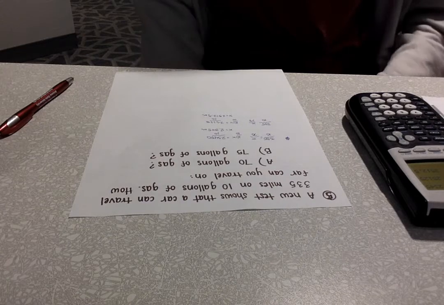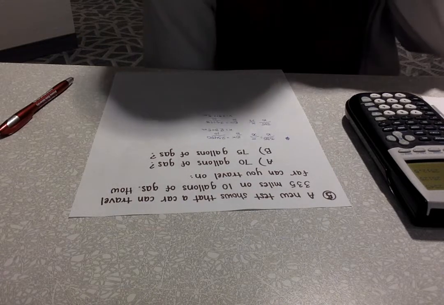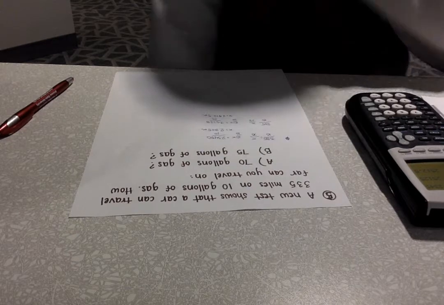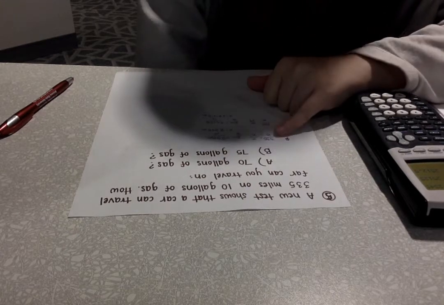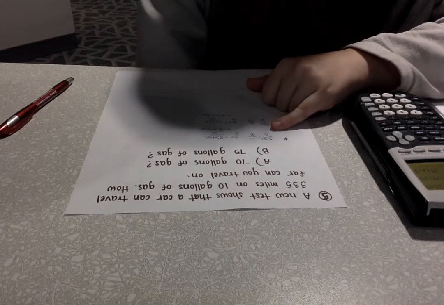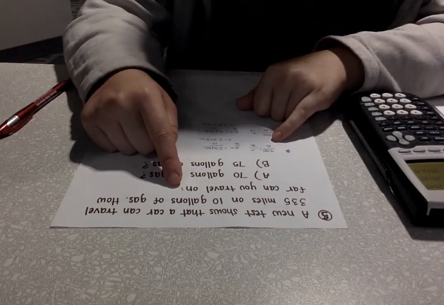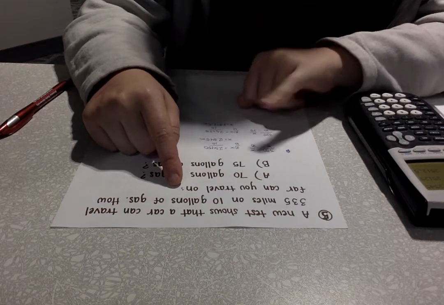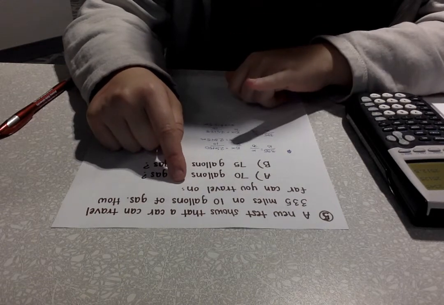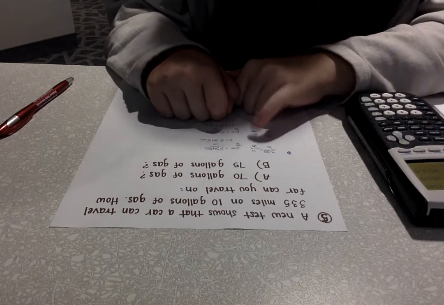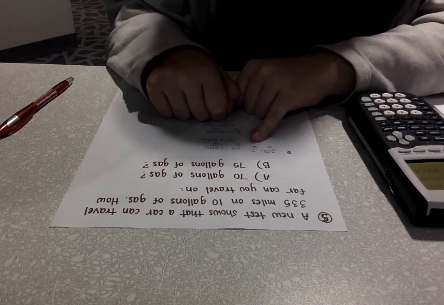Okay, so to figure out how many miles on 70 gallons of gas, I put the miles that we already knew over the 10 gallons of gas that was given in the problem. Then I said that would be equivalent to the number of miles we're trying to find over the 70 gallons of gas.